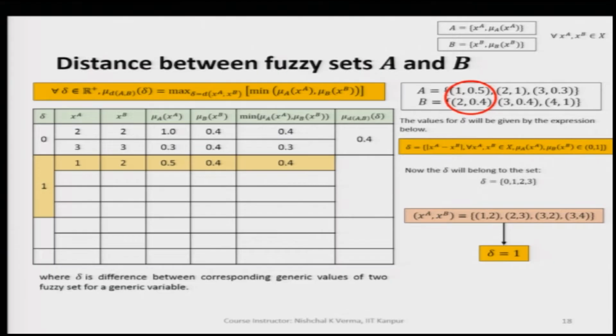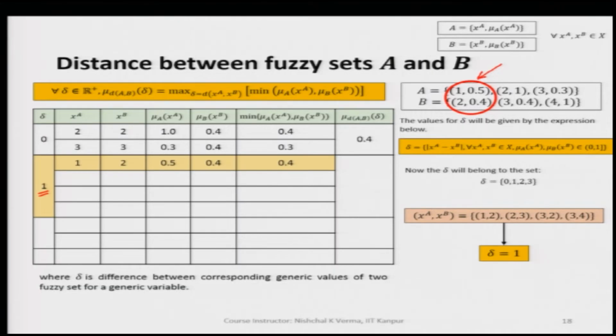For the first pair 1 2, which is encircled here, we write delta equal to 1 in the first column of table 1. Then let us tabulate all the corresponding entries with respect to delta equal to 1.